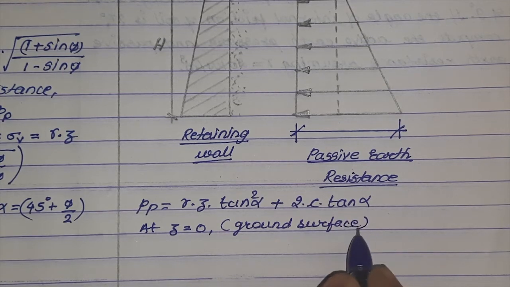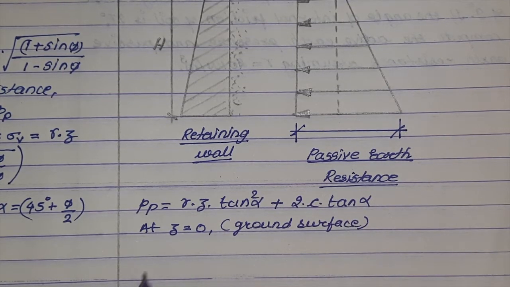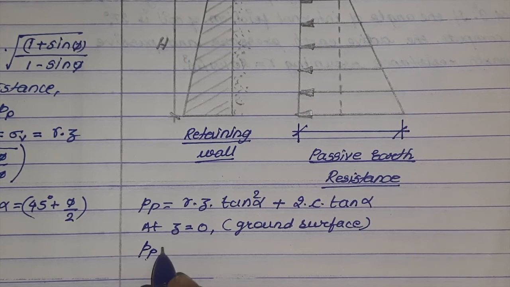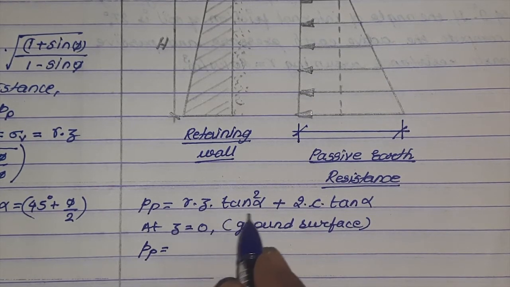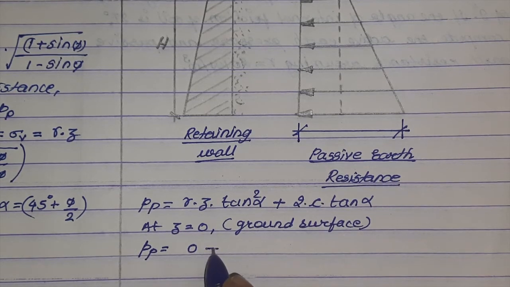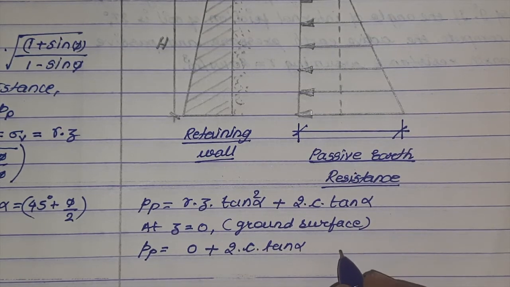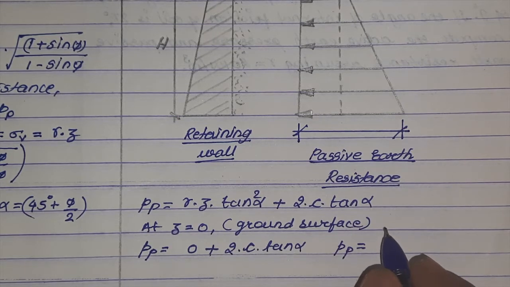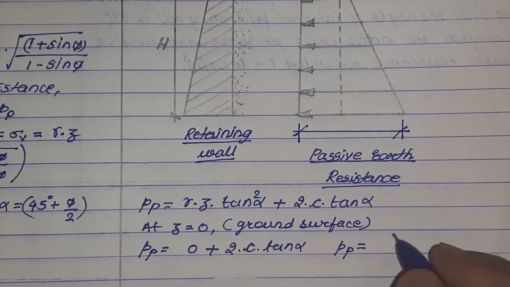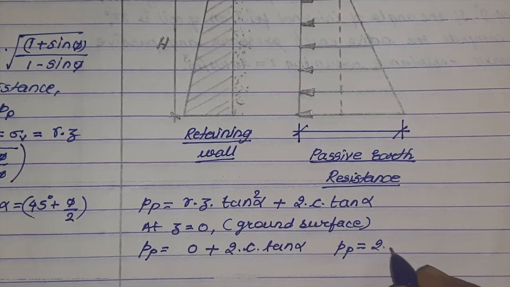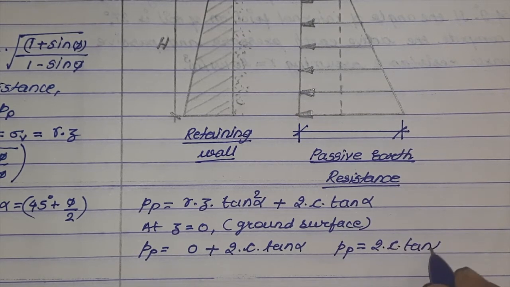At ground surface z will be 0. Hence, Pp is equal to, the first quantity will become 0. So, 0 plus 2c tan alpha. Hence, the pressure which is experienced at the top of the wall, Pp, is equal to 2c tan alpha, positive.